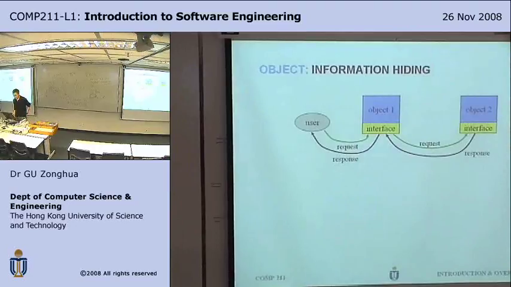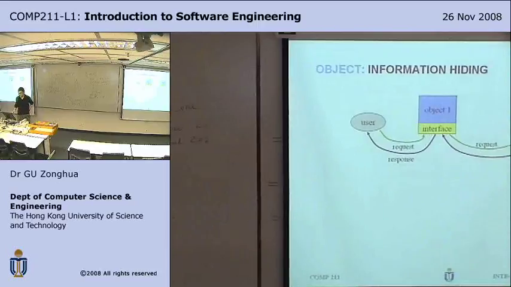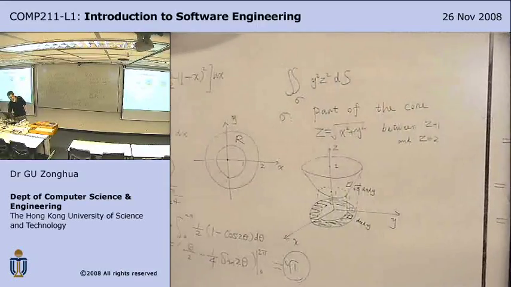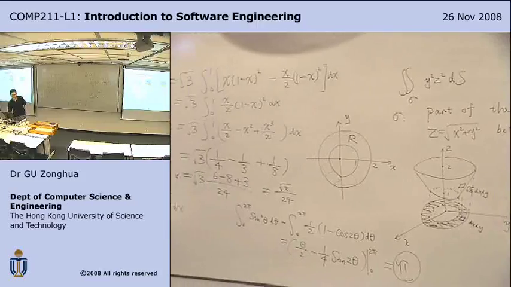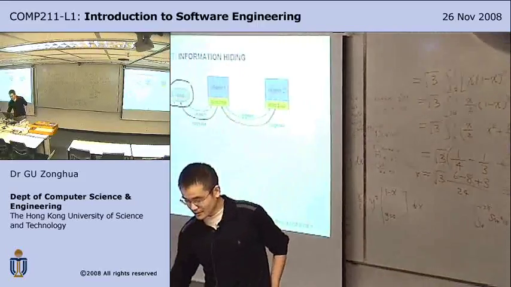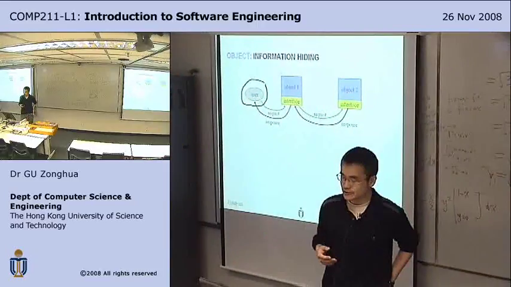So, information hiding. Here we see an object with interfaces, where the user calls the interface, gets a response back, and an object can call another object's interface, request something, and get a response back. The user could be referring to the human user interacting with the system via a user interface, like a button. So here, we saw interface before, right, for modules.